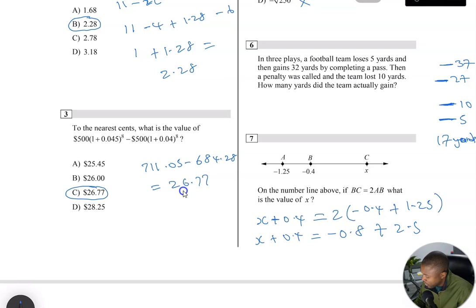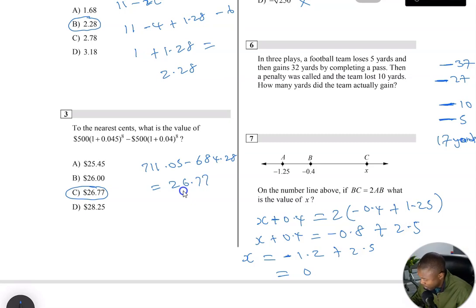All right. So now I'm going to collect like terms. So X now is going to be minus 1.2 plus 2.5, because I moved 0.4 to the other side, right? So at the end of the day, it's going to be 1.3. Sorry about that.